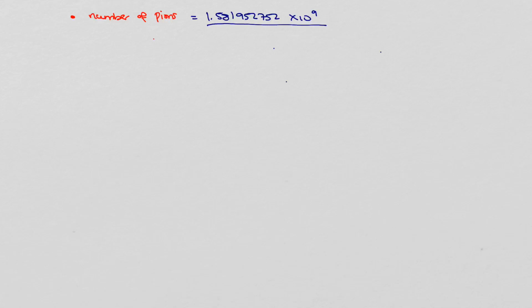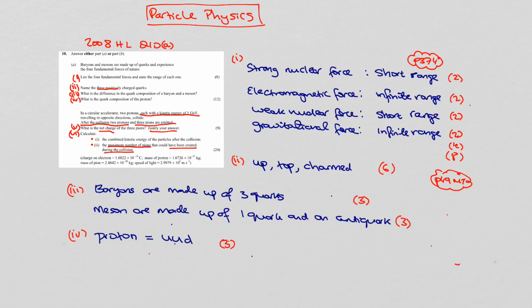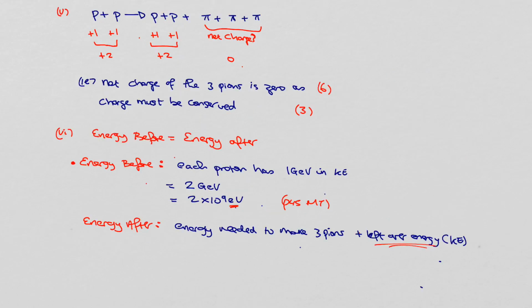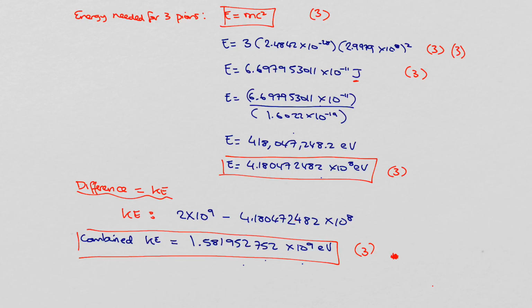Now sorry, not the mass of the pion. The energy needed to make 1 pion was here. Okay, so we have the energy needed to make 3 pions. So if I take this number, the energy needed to make 3 pions, and I divide that by 3, I can find out the energy needed to make 1 pion.